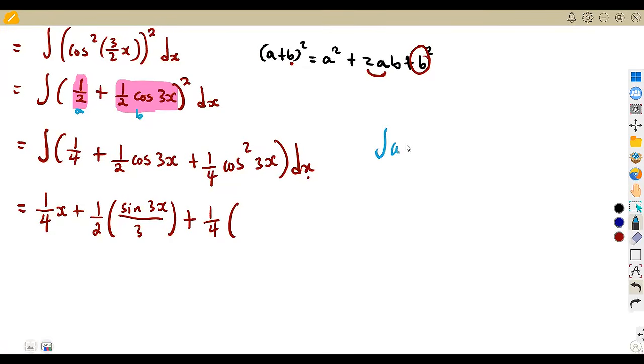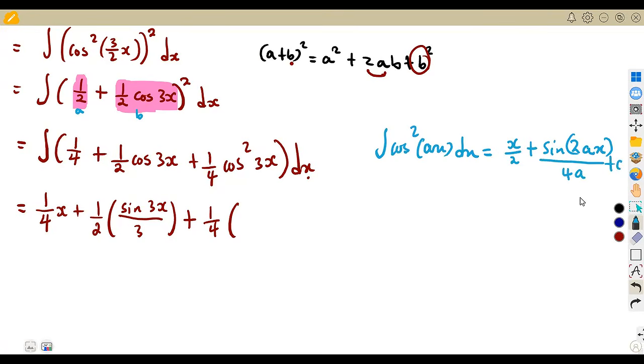The integral of cos squared ax with respect to x is given as x over 2 plus sine 2ax over 4a, plus c. This is exactly what you're given on the formula sheet.